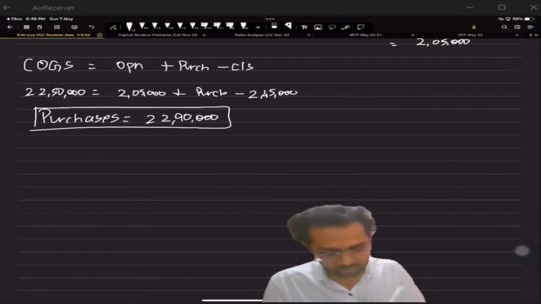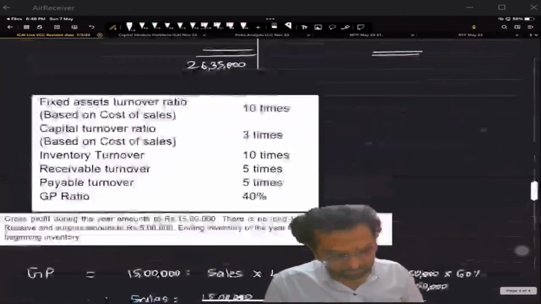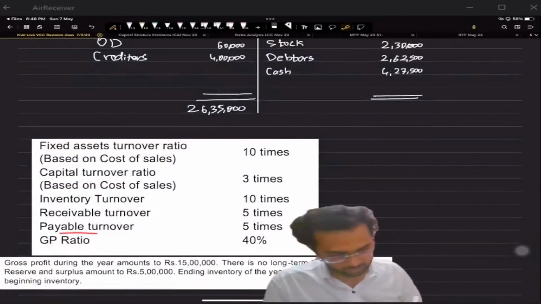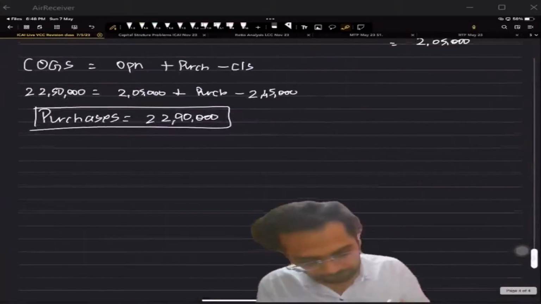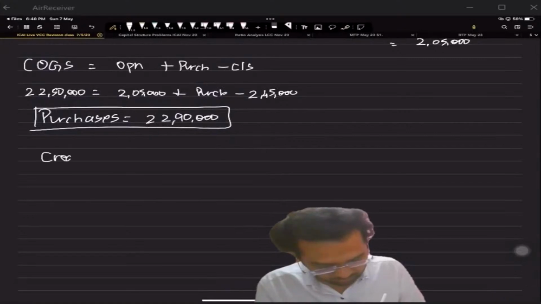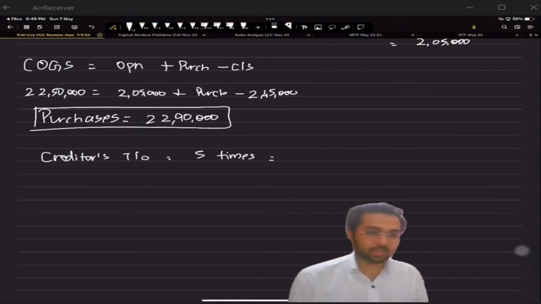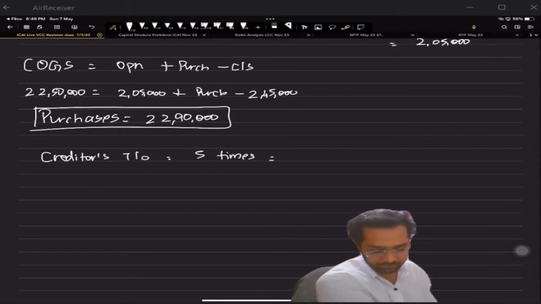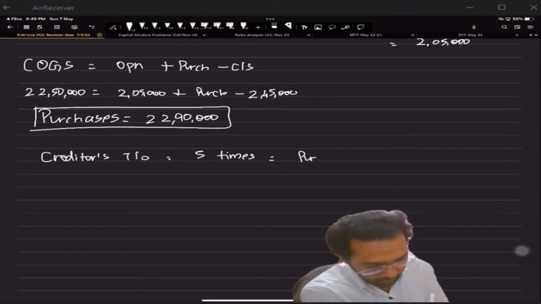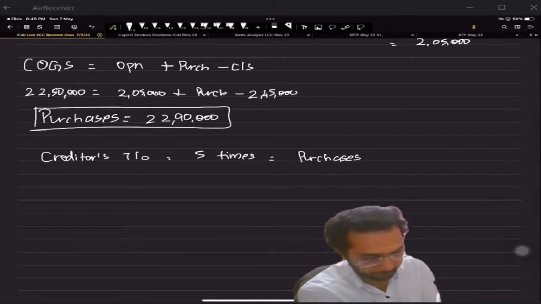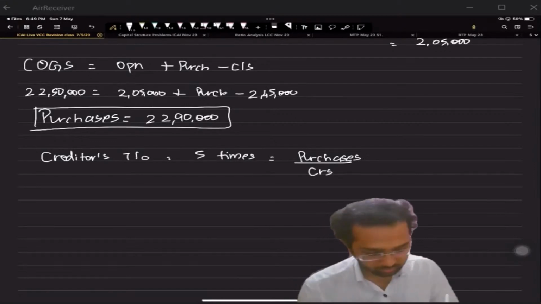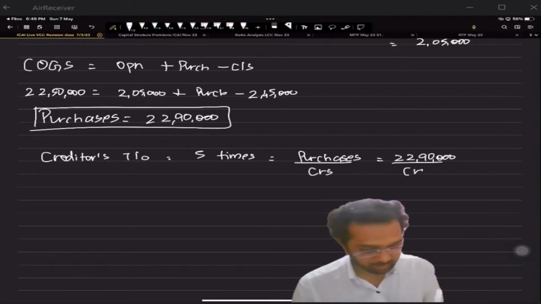Based on these purchases, we can get the value of the creditors because the creditors turnover, payables turnover, is 5 times. We have creditors turnover to be 5 times, and this 5 times is computed as purchases upon creditors, which is 22,90,000 divided by the creditors.